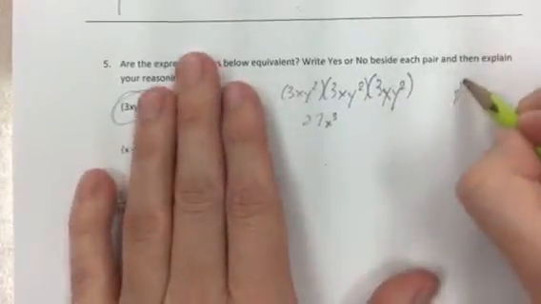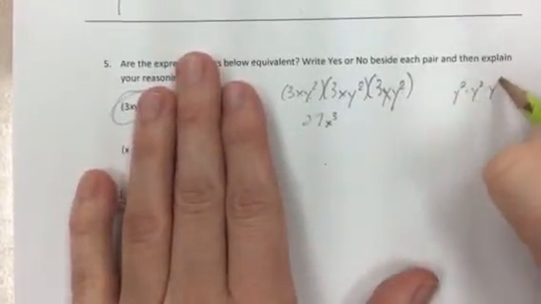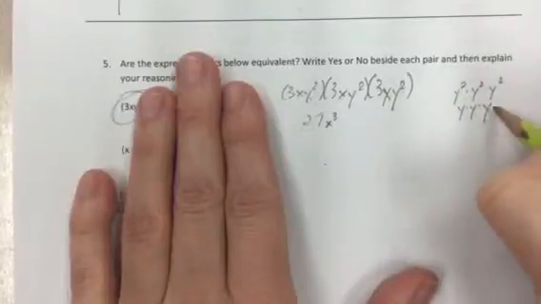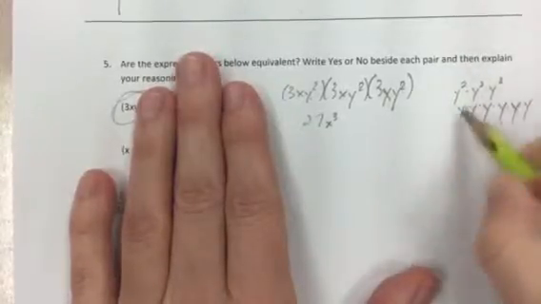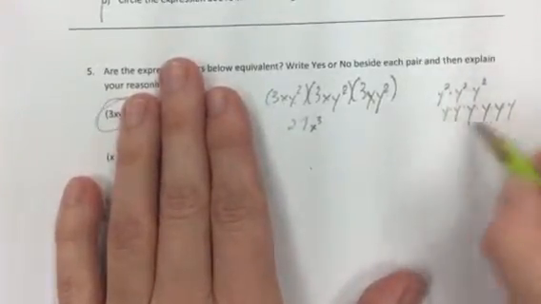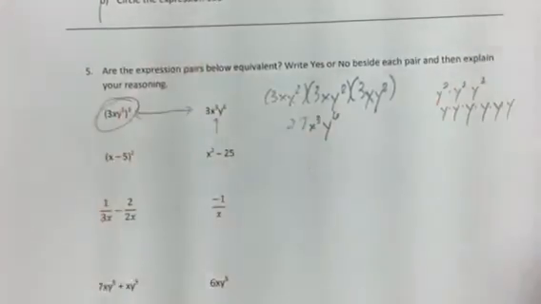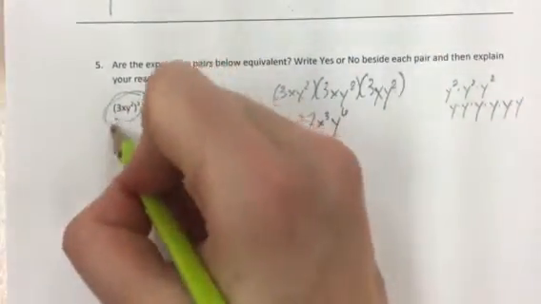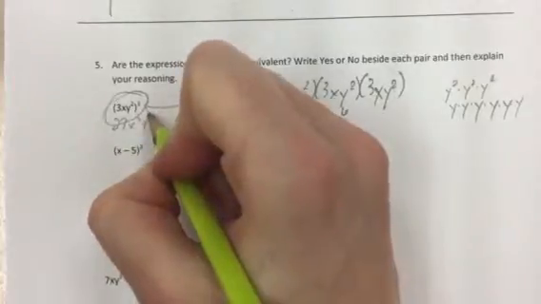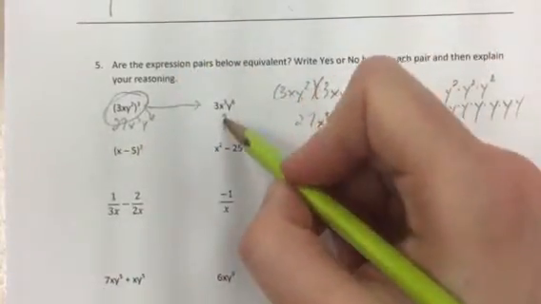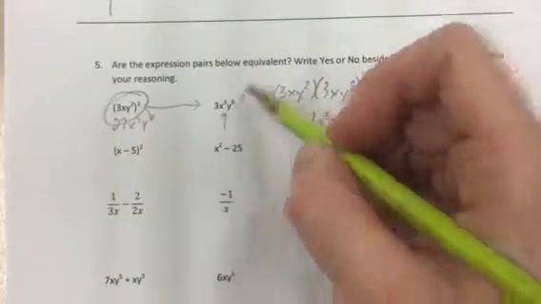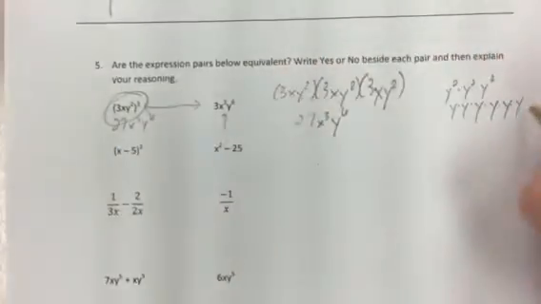That's 6 factors of y altogether. So this is really 27 x to the 3rd y to the 6th, and this is 3x to the 3rd y to the 6th. So the answer is no.